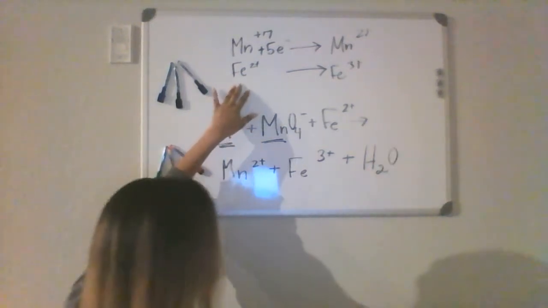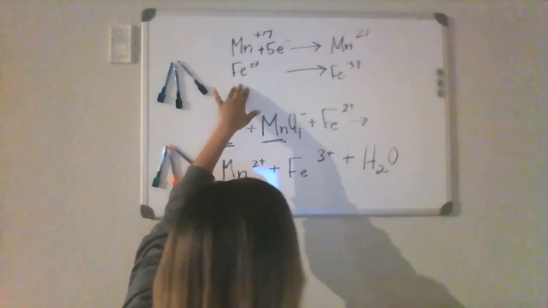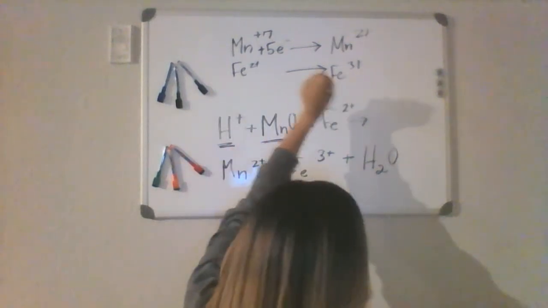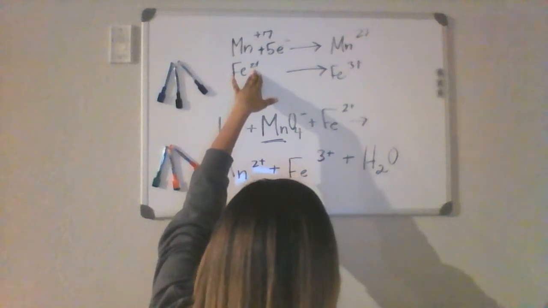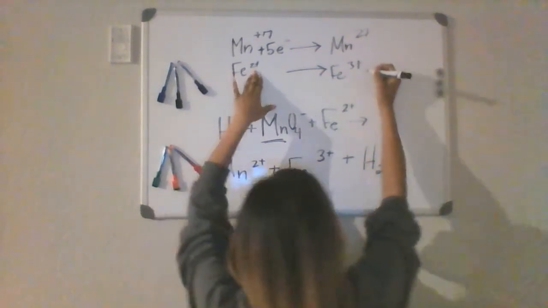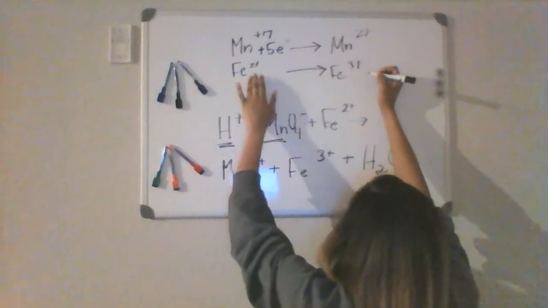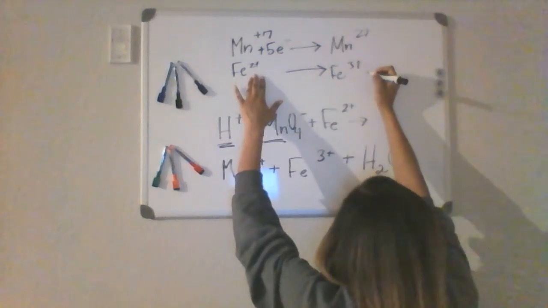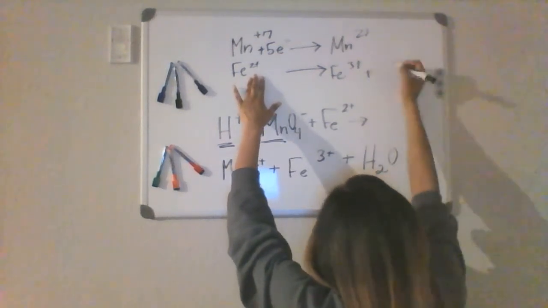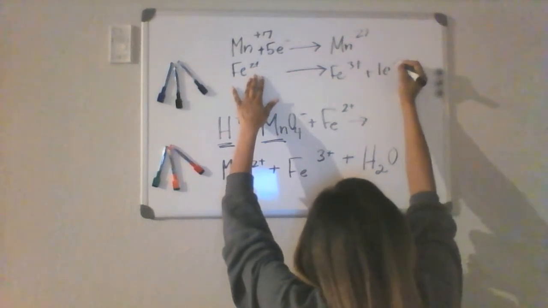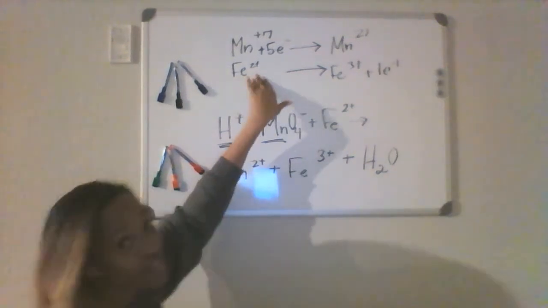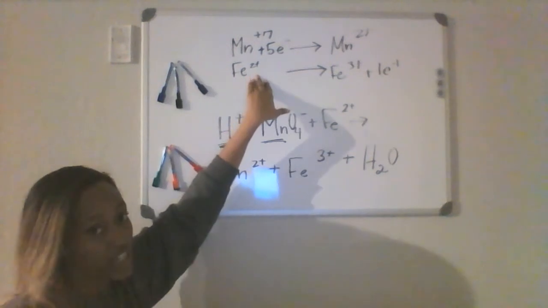And we're always going from higher oxidation numbers or charges to lower oxidation numbers or charges, okay? So in order to get a 2+ charge, we would have to add 1 electron with a charge of -1, okay? So these are our two half reactions.